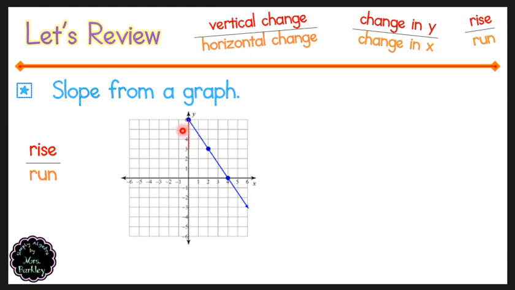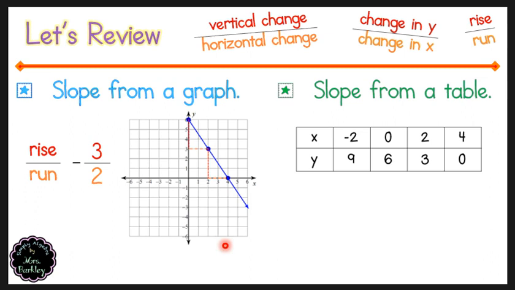So in this case, we would be going down 1, 2, 3, and we would run over 2. We could also continue and go down another 3 and over 2. So that means that our slope would be -3/2. So we went down. We could see that this line is going down from left to right, and so our slope would be negative. We can also determine slope from a table.